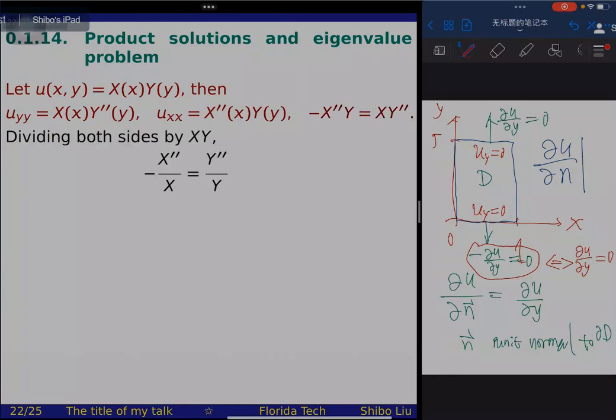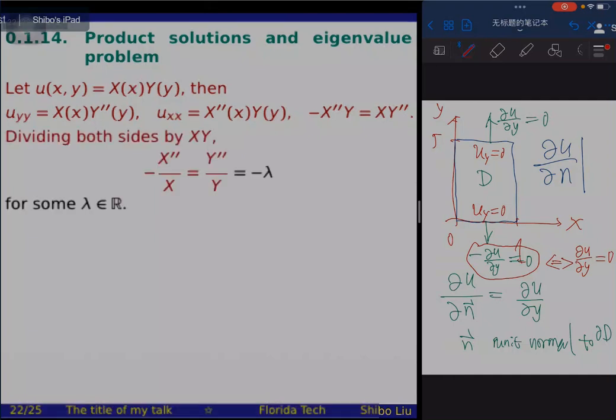Dividing both sides by XY, we get minus X double prime over X equals Y double prime over Y. Then the left hand side is a function of x, while the right hand side is a function of y, so there has to be a constant, say minus lambda.